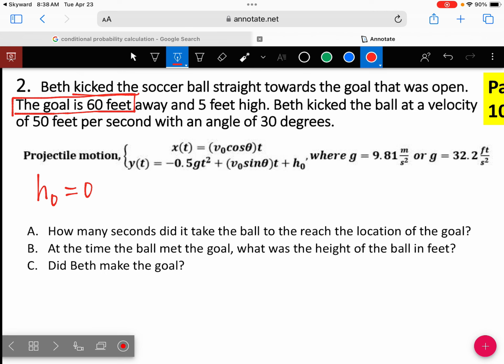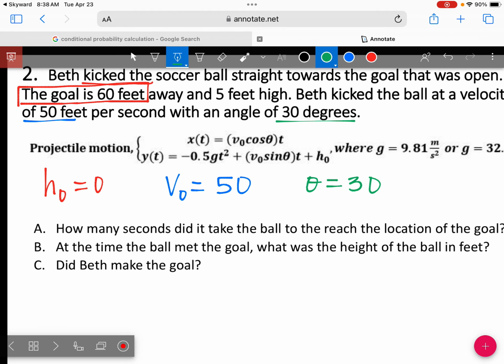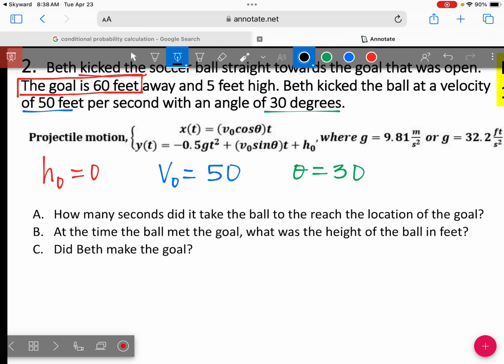She kicked it at a velocity of 50, and the angle theta is 30. So we're ready to type this stuff in. So for part A, we're going to write our equation first.